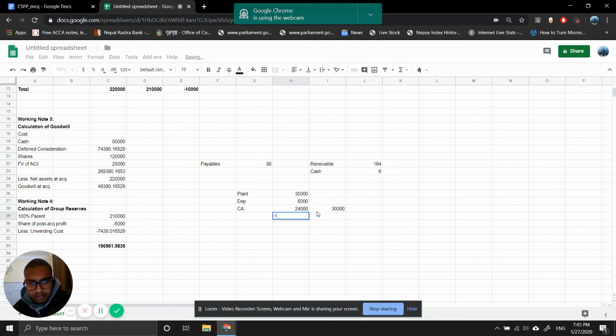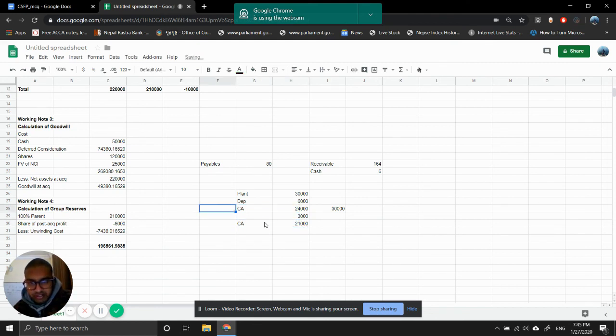So now what would happen is that this figure is divided by 8, since 2 years are already gone, and then that is what our carrying amount should have been, this figure minus this figure.